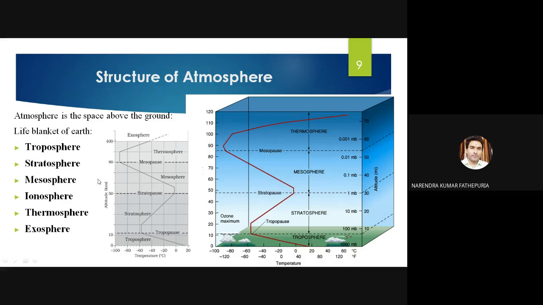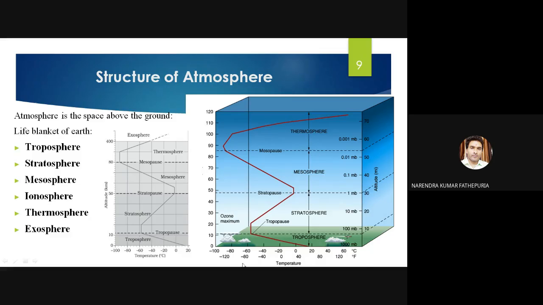So we have divided the whole atmosphere into six spheres actually: troposphere, stratosphere, mesosphere, ionosphere, thermosphere, and exosphere. This is the distance given, and the various gas compositions are also explained here.